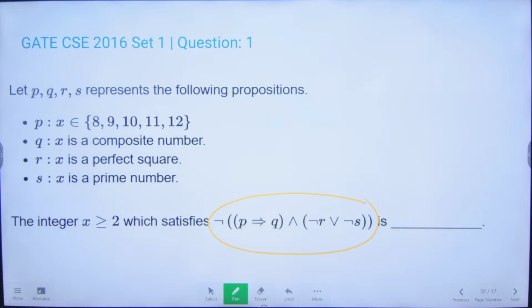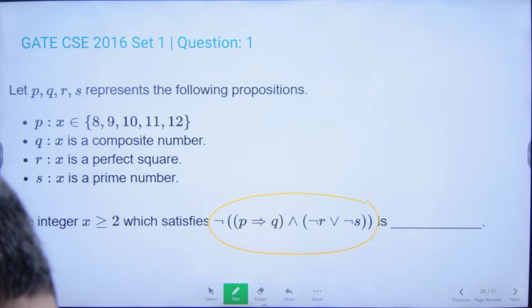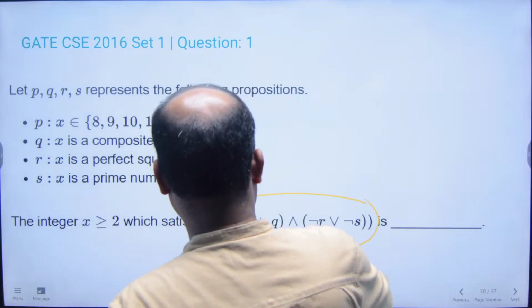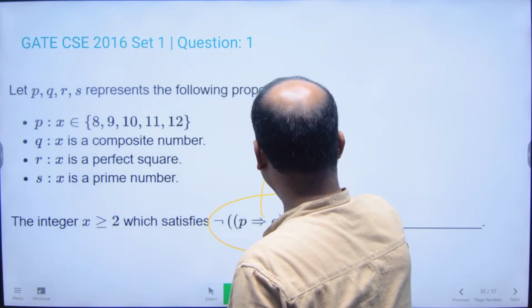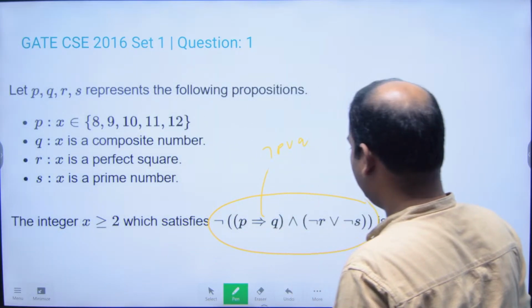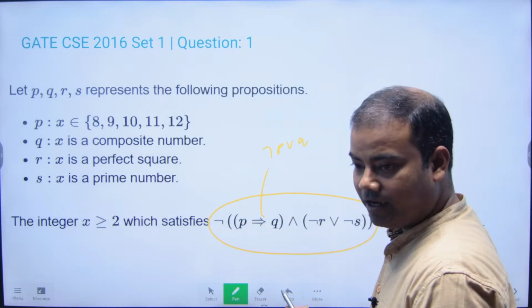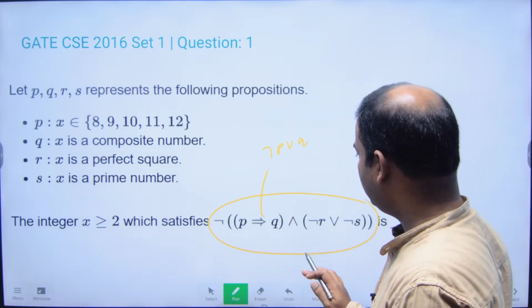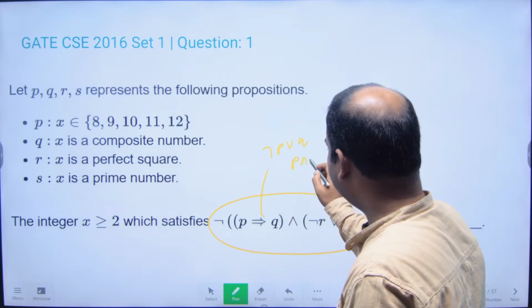So this one is definitely this one. But here this one means not of P or Q, okay, this will be the inverse. So actually this is not of P or Q, and not will be here. So P inverse Q, P and not Q.